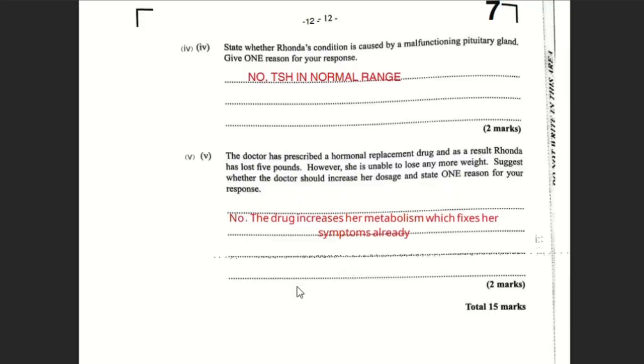So basically, no. The hormonal replacement drug that Rhonda was given is mainly to fix her symptoms, right? When someone has hypothyroidism, it basically means that fatigue, tiredness, all that stuff comes with it, right?